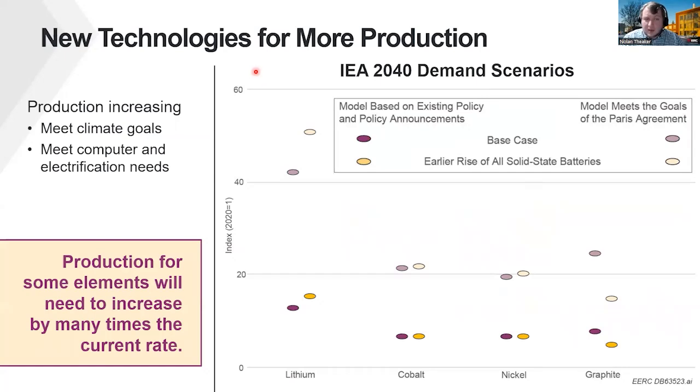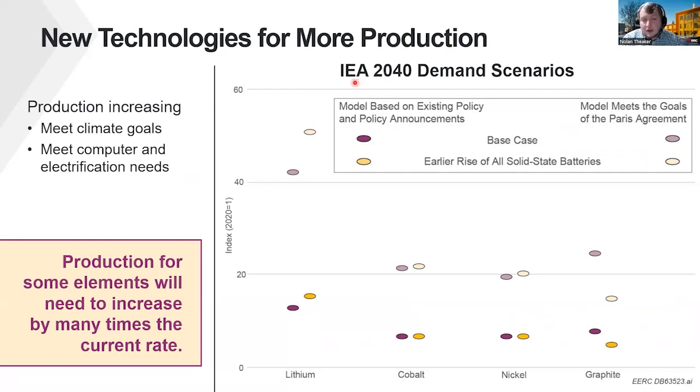And what I mean by increasing is, in a lot of cases, the production of these critical minerals is increasing significantly both to meet climate goals as well as for just general computer and electrification needs. These are the elements that go in your solar cells, your wind turbines, your computers, your power grid, your electric and gasoline cars. So all over the world, these are needed.